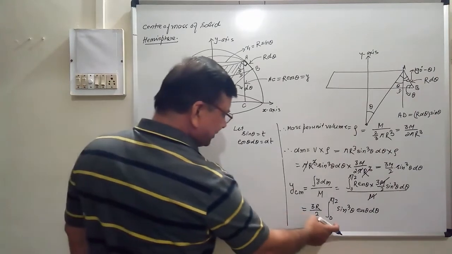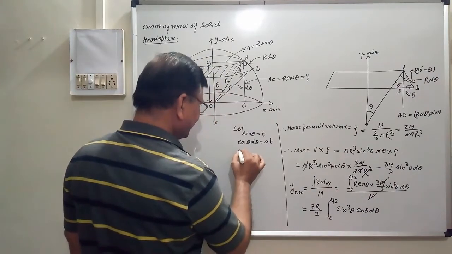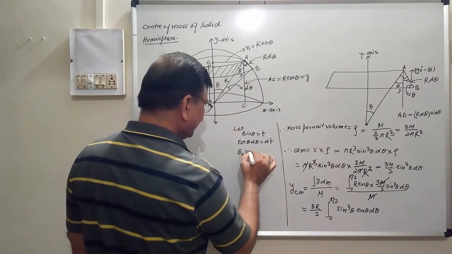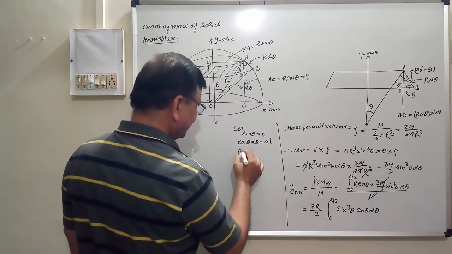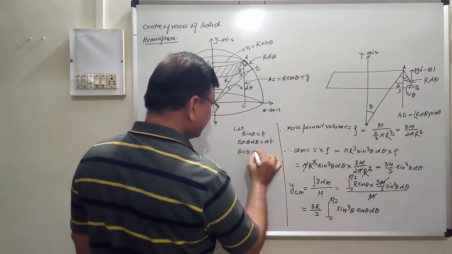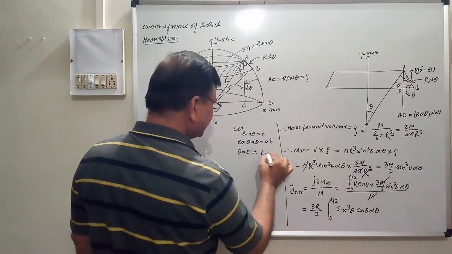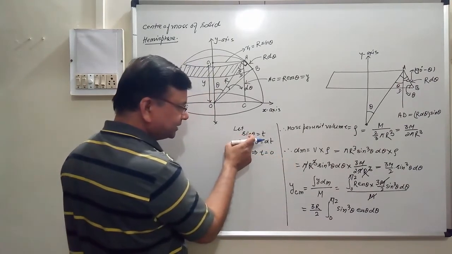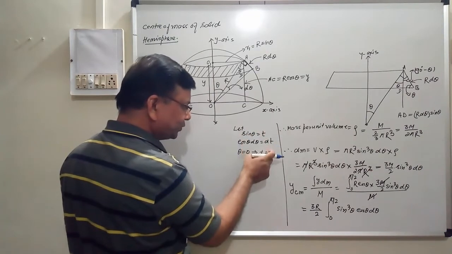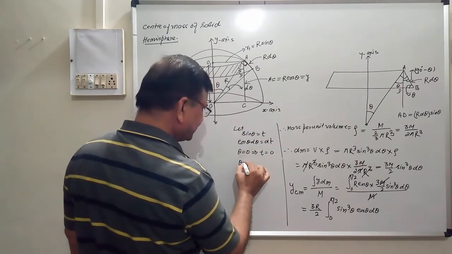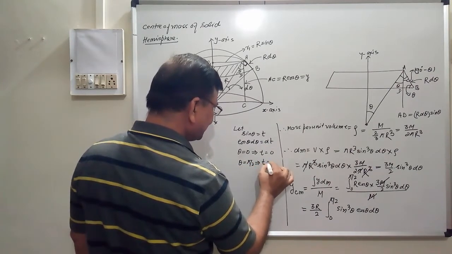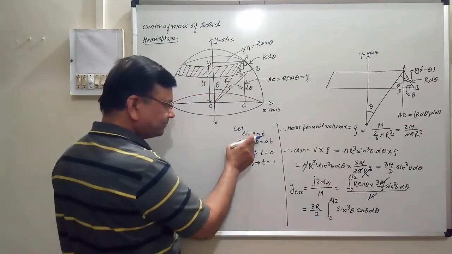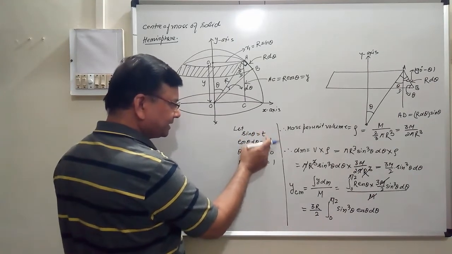Now, limit is from 0 to pi by 2. When theta is equal to 0, this implies t is equal to 0. Because you are putting sine 0 is 0, means t is equal to 0. When theta is equal to pi by 2, this implies t is equal to 1. Because when theta is pi by 2, sine pi by 2 is 1, means t is equal to 1.